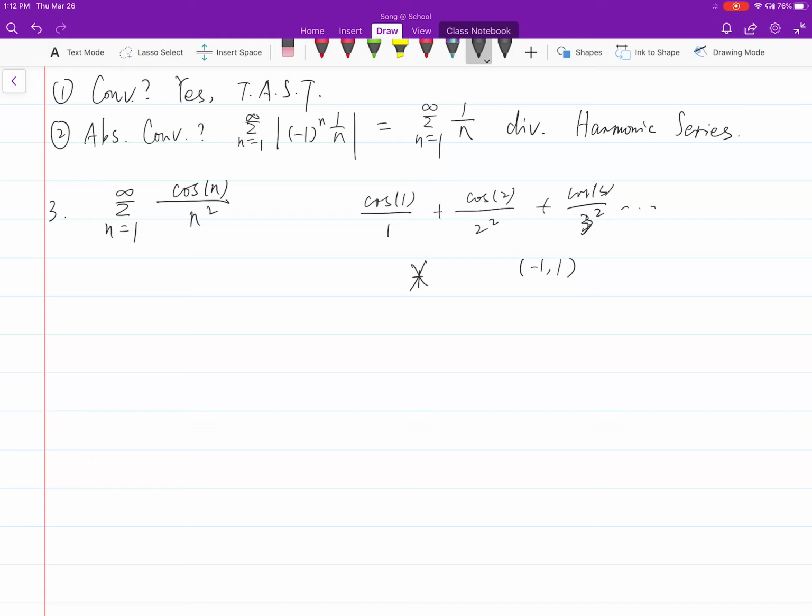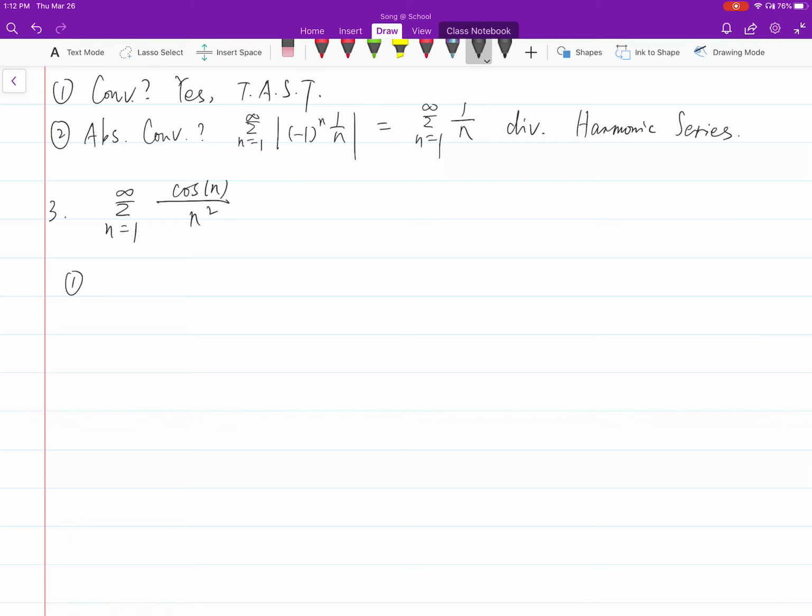Sometimes it's positive, sometimes it's negative, but there's no guarantee it's always one positive followed by one negative, because these numbers are really random. They're not like a nice pi over 2 over n, which would give you a nice alternating pattern. It's very possible that you have two positive and then some random negative. So we have trouble. It's not alternating, but it's not positive either.